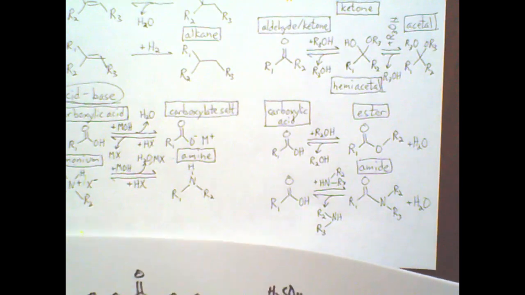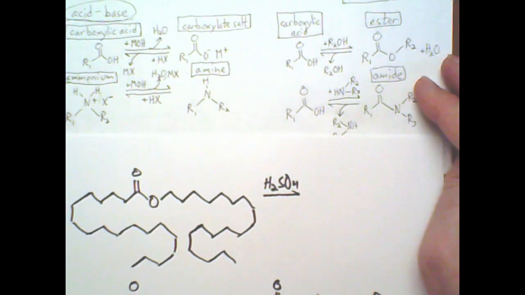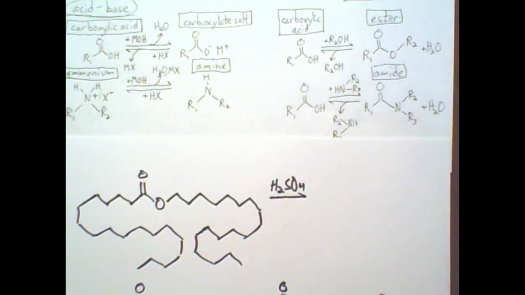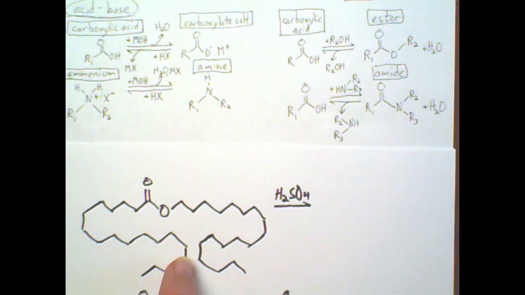Let's show how we'd use this reaction map in solving a problem. So here I have a wax molecule. Very long hydrocarbon chains, very nonpolar, a somewhat polar group in the middle, reacting with acid.